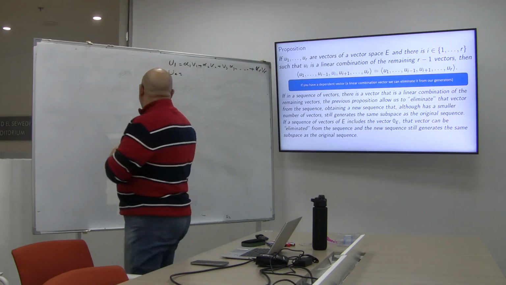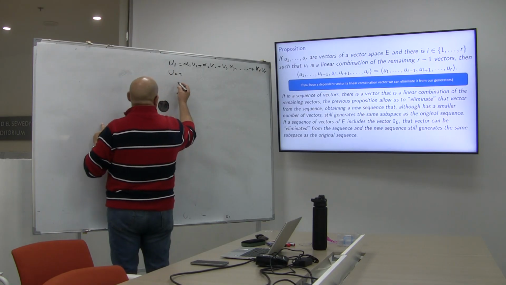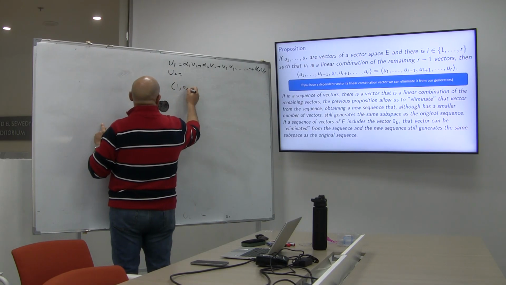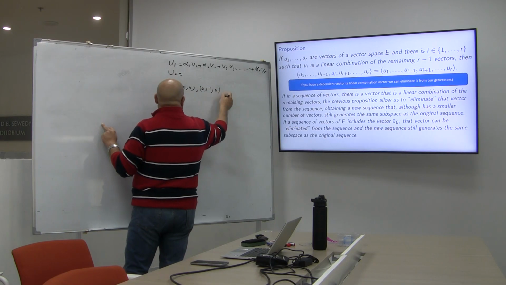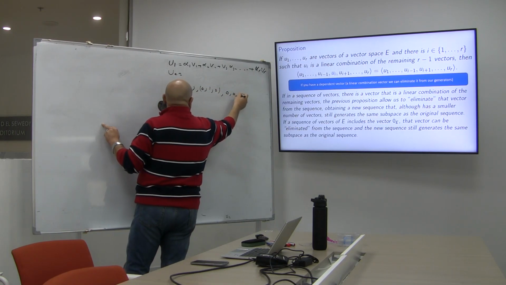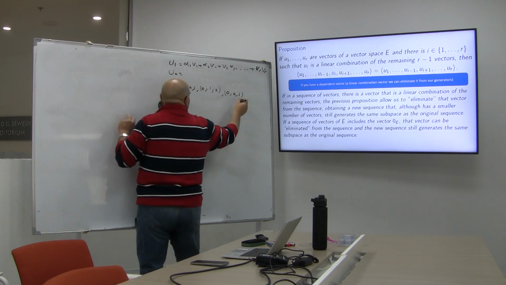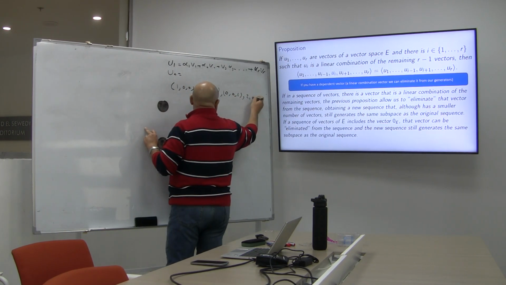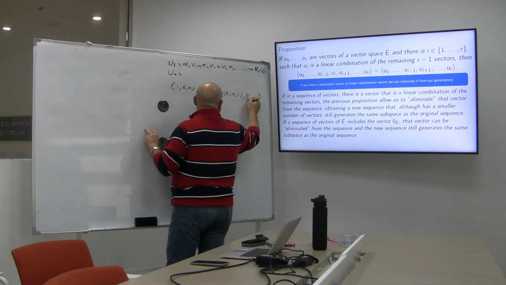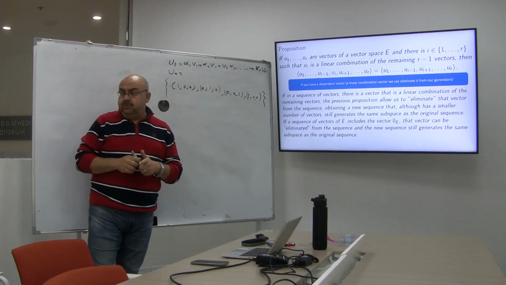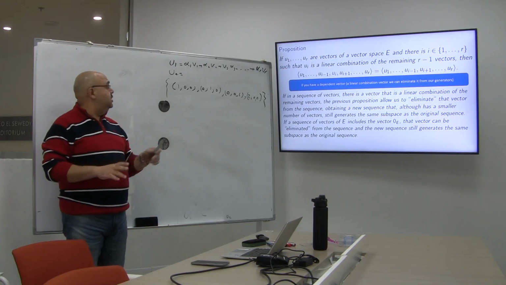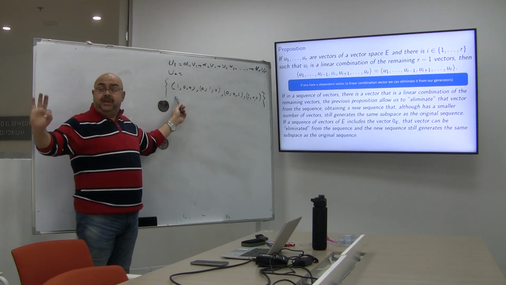For example, if I have the vector 1, 0, 0, the vector 0, 1, 0, the vector 0, 0, 1, and the vector 2, 0, 0, those four vectors can generate R3.